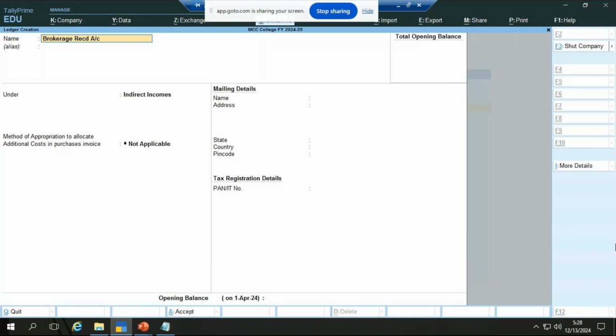Excuse me, ma'am. Yes, Pa. Tell me, Pa. Can you go a little slow, ma'am? Sure, Pa. Creation of two ledgers are done. I'll wait for a few seconds.